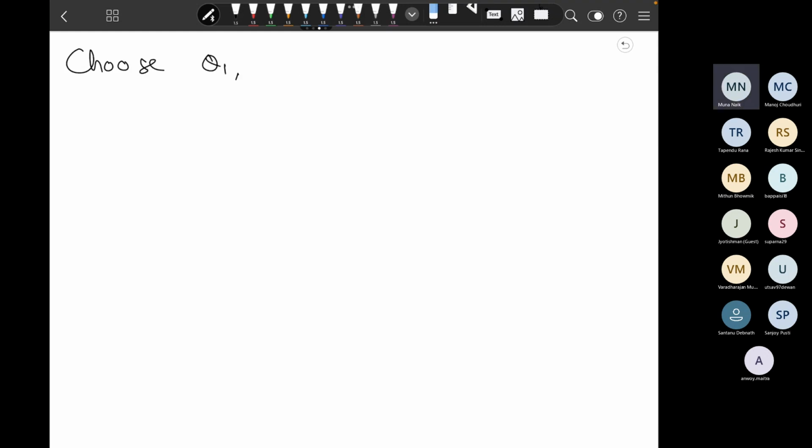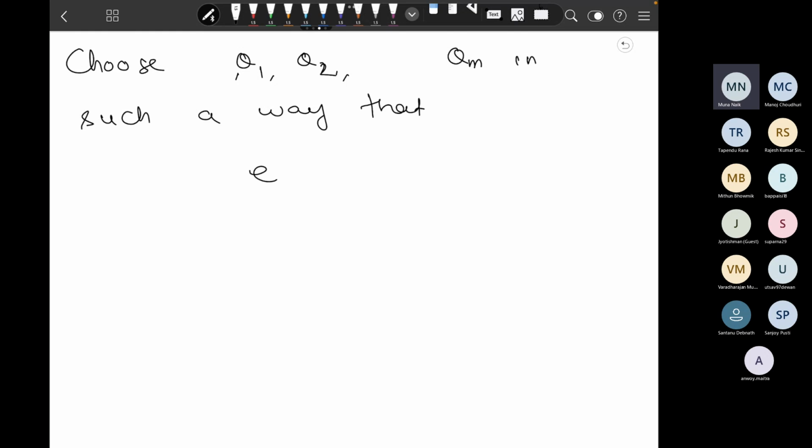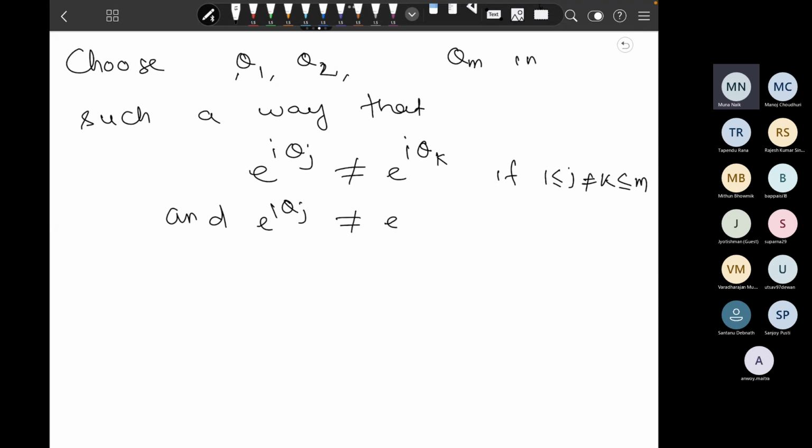So choose theta 1, theta 2, up to theta m in such a way that e to the power i theta j is not equal to e to the power i theta k if 1 is less than or equal to j not equal to k less than or equal to m, and e to the power i theta j is not equal to e to the power minus i theta k if 1 is less than or equal to j, k less than or equal to m.